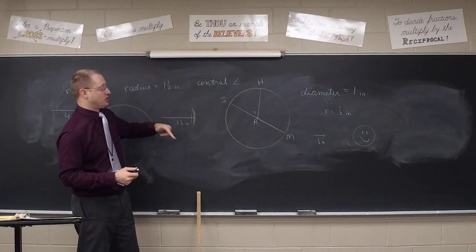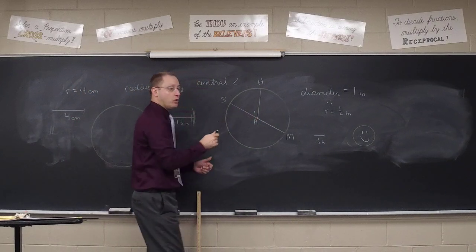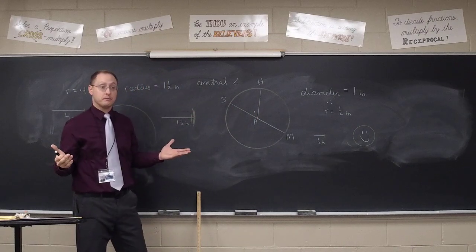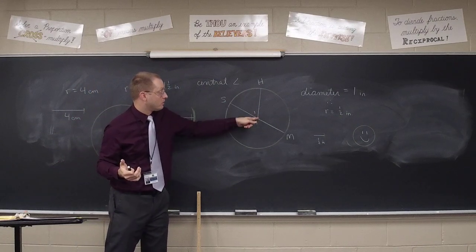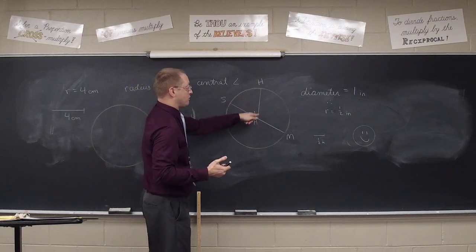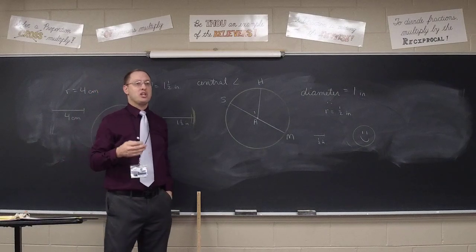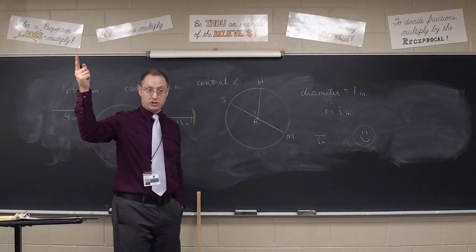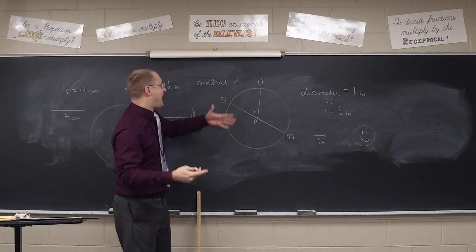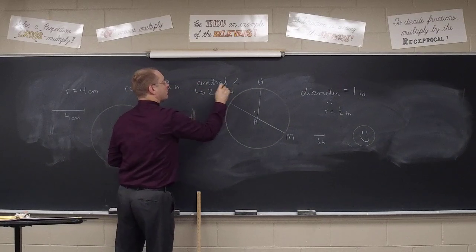Because the vertex is at the center, the 2 lines that form the central angle will be what kind of lines? Lines can't be acute. They're lines that start at the center and go out to the circle. What do we call a line that starts at the center and goes out to the circle? A radius, right? Radii. So a central angle is always formed by 2 radii.